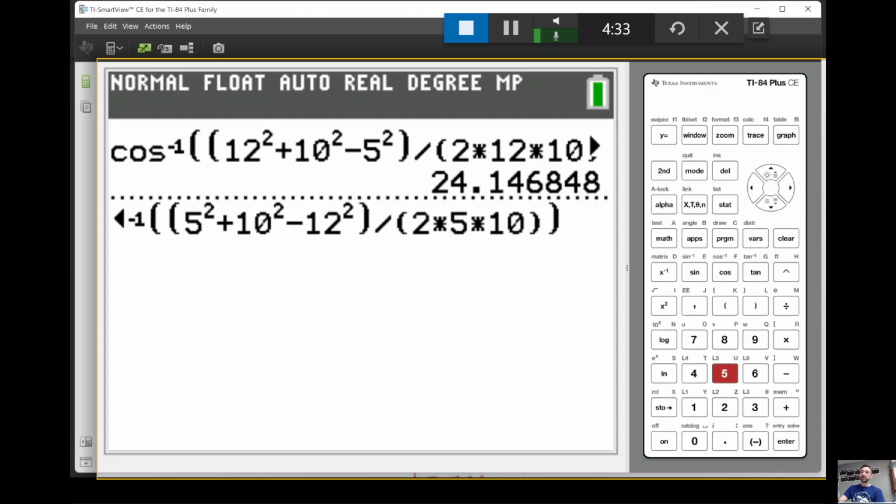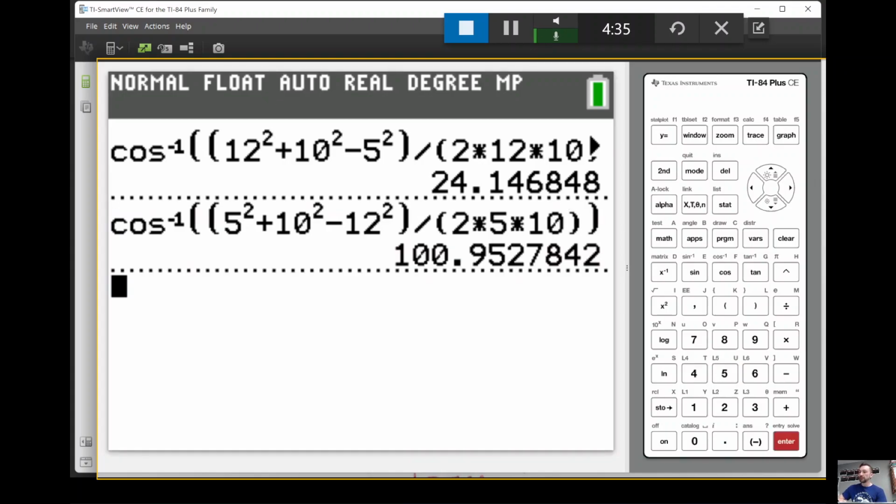So I think I updated the numbers that would match up for angle B, and that's where the 100.953 came from. So 99% chance if you're missing this, it's because you are not putting it in the calculator correctly, but that is part of what you need to know how to do.